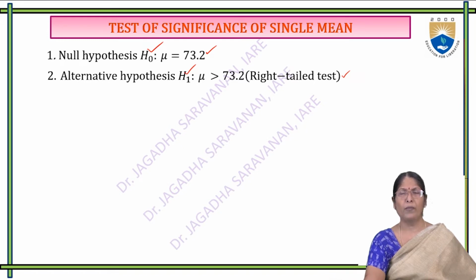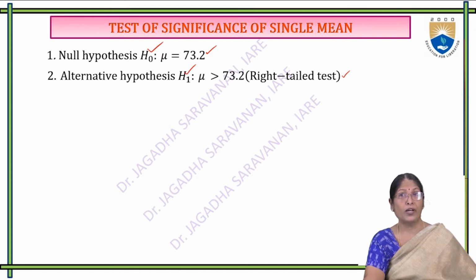Maybe the samples we are taking can give the report. We are analyzing. Actually, this is the concept of the test of significance of single mean. The population data is very vast. So to check, instead of that, from that particular population we take a few samples and check what the report is.